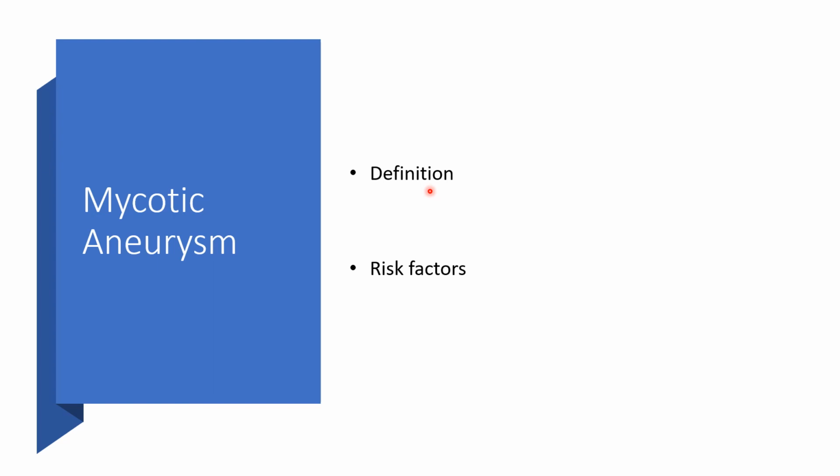The risk factors here will include IV drug use, and any condition that could decrease immunity will serve as an associated risk factor. It is caused mostly by Staphylococcus aureus, but it could also be caused by Salmonella, Klebsiella, Escherichia coli, Proteus, and Yersinia.